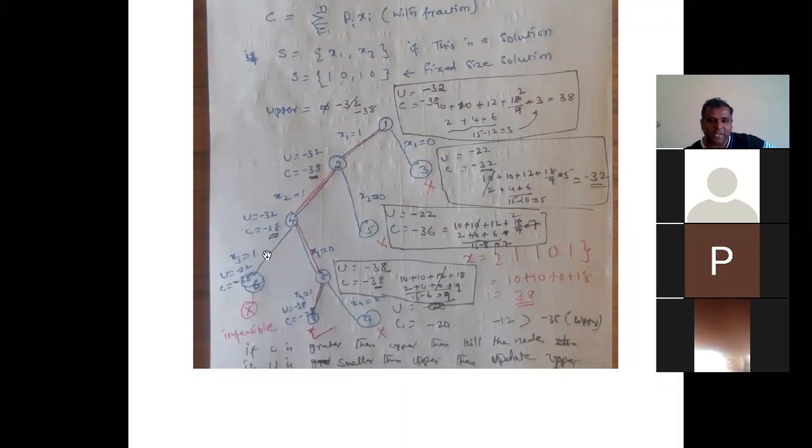So with considering the third object, we will get U is minus 32 and C is minus 38. Without considering the third object, we will get U minus 38 and C also minus 38. So this calculation is the same as the previous node calculation.